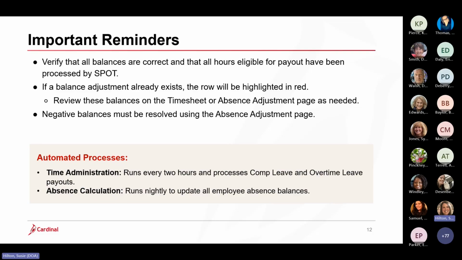You need to wait to zero out the balance through the page after absence calc has run. So anytime you have made any changes to absence or leave data, you need to wait to zero out. If you're using the zero out page, you need to wait until time admin and absence calc have run.